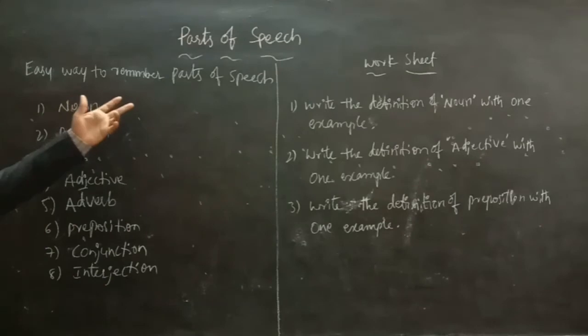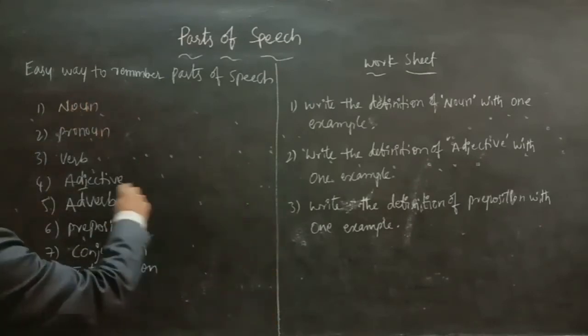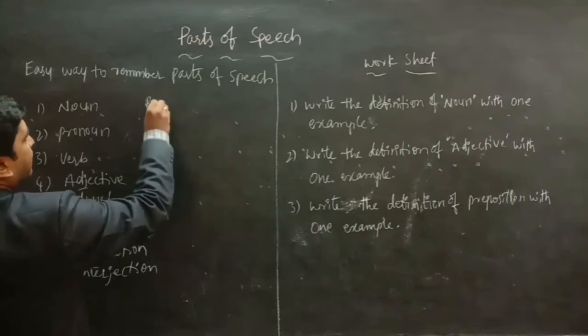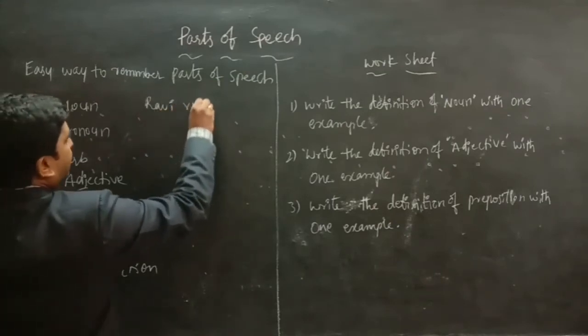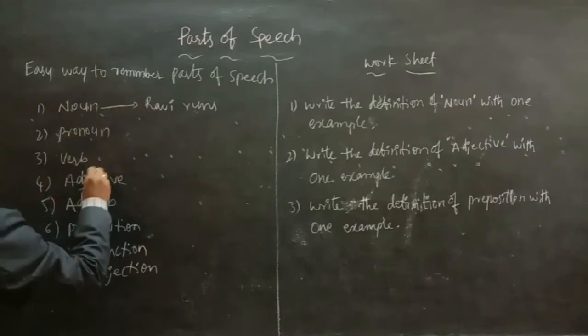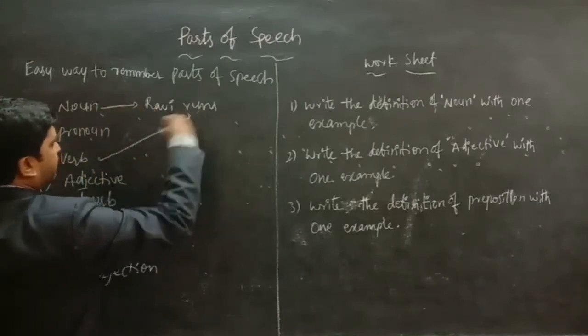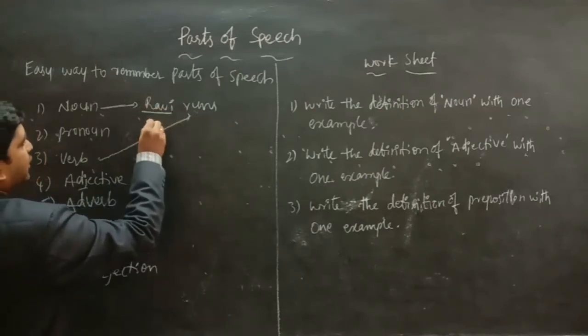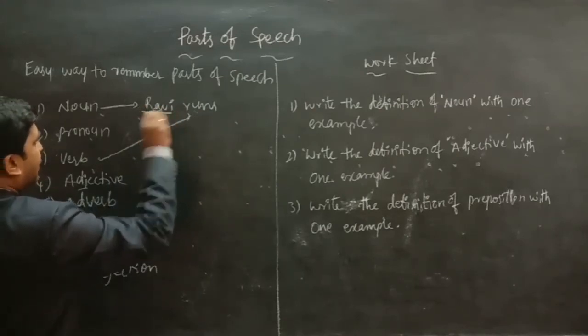Here, easy way to remember parts of speech. Here now, it's a name. Ravi runs. Here see, noun. Here the verb always follows the noun. And here in place of Ravi is a possibility to write he.